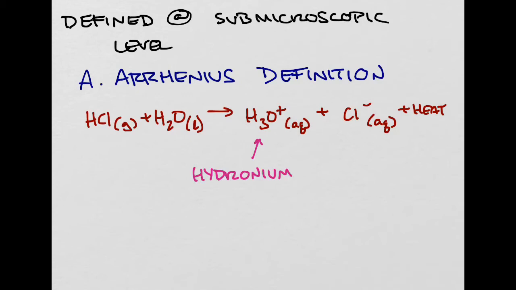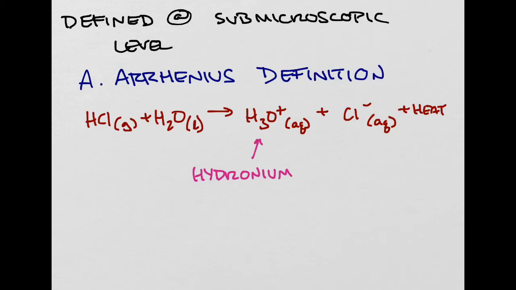What I want you to notice with this hydronium ion is that the hydrogen associated with the HCl has broken off and connected to the water, so it becomes H3O plus, and it's left the Cl minus by itself since it's lost its hydrogen. So that hydronium piece is very important.